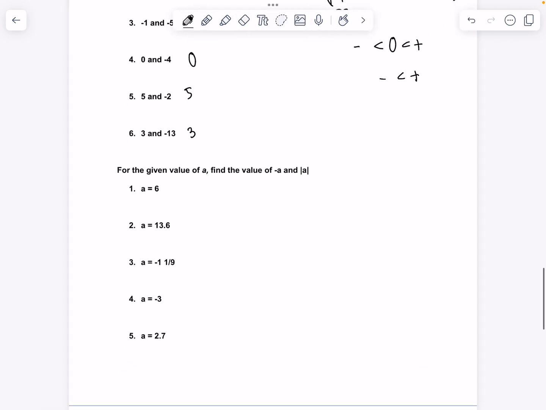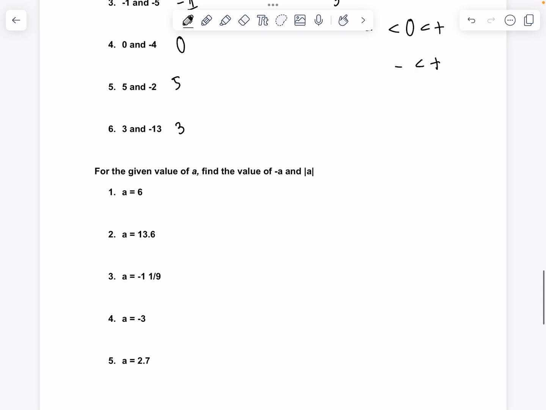For this section, it says, for the given value of A, find the value of -A and absolute value of A. So absolute value is just how far a number is from 0. For example, on the number line, if this is 0, we have 6 and negative 6.